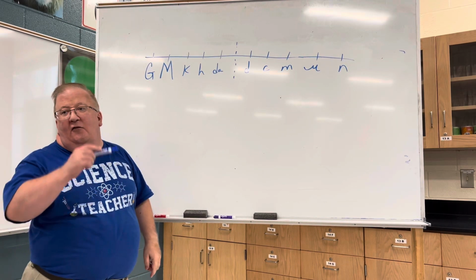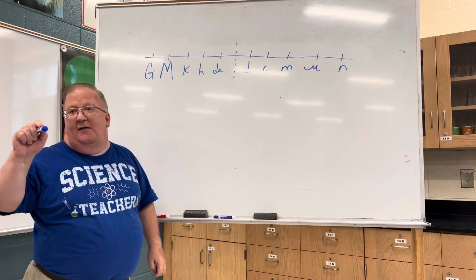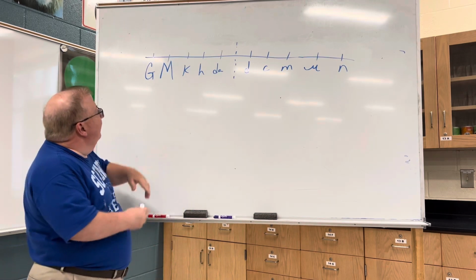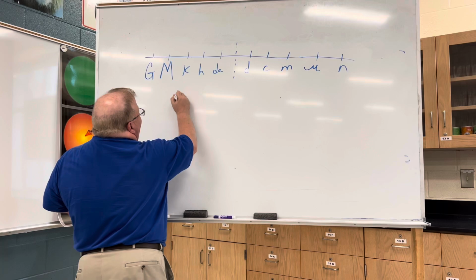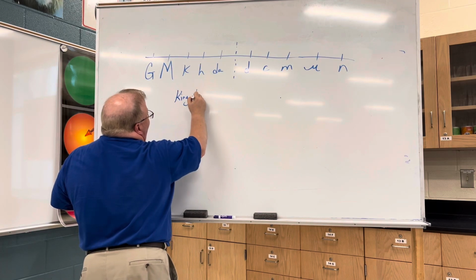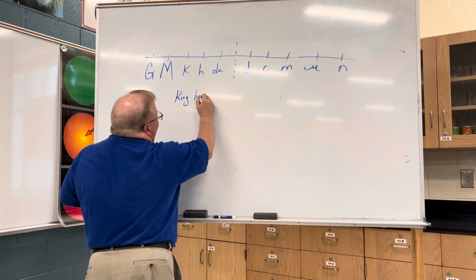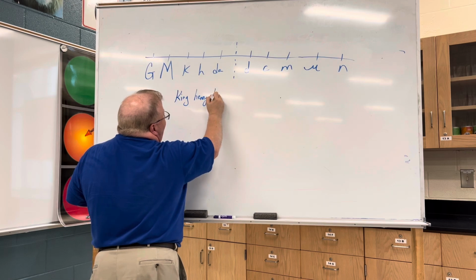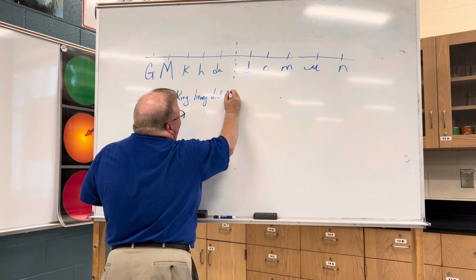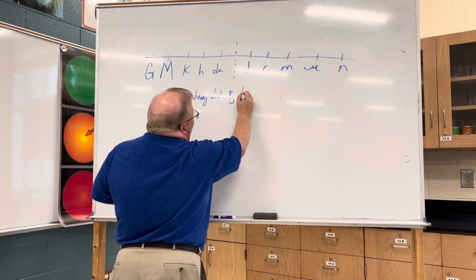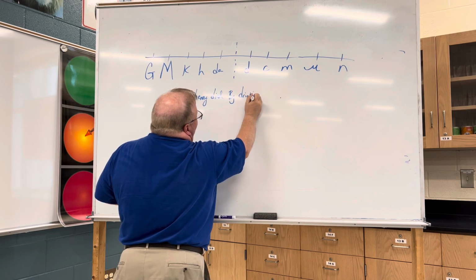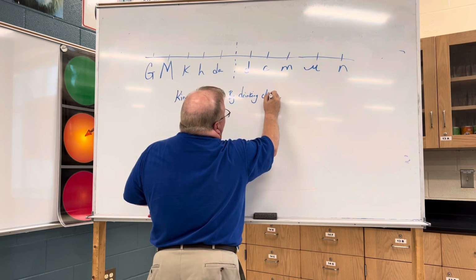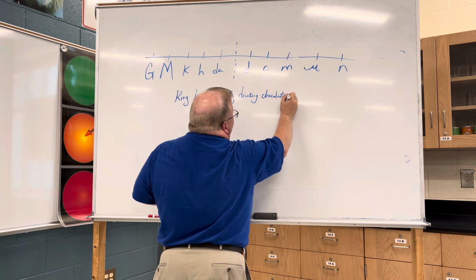You can use a little mnemonic device to help you remember the order. The classic is King Henry died, and then the baseline is by drinking chocolate milk.